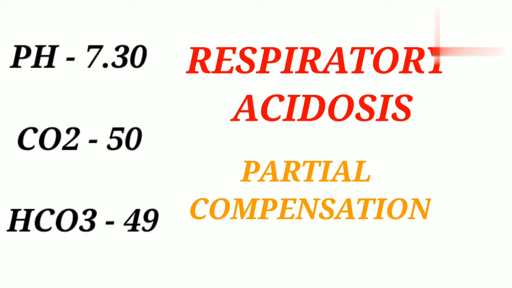In case of compensation and partial compensation, we have to check the diagnosis first. If the patient is admitted with respiratory conditions, we have to check the CO2 level. If the patient is admitted with metabolic problems, we have to check the HCO3 level, its base.